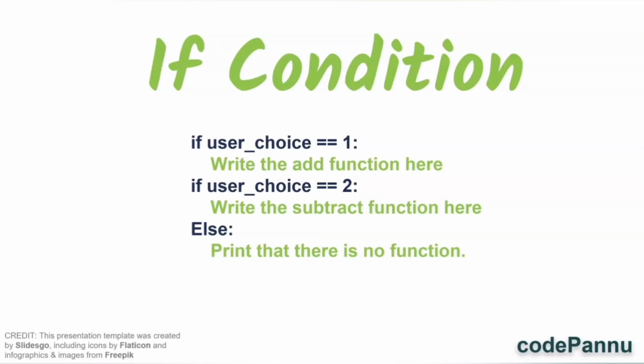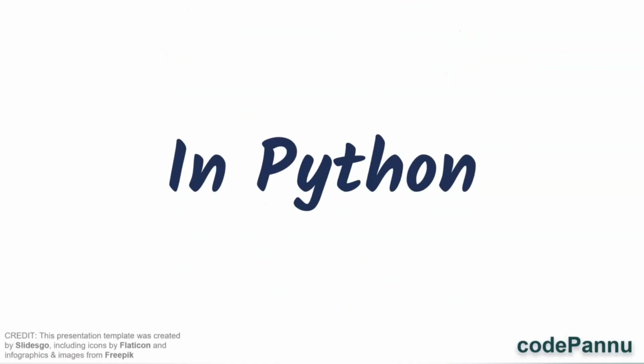So if user_choice is equal to 1, write the add function call here. If user_choice is equal to 2, write the subtract function call here. Else, print that there is no function. Now, let us go to Python and write the code.